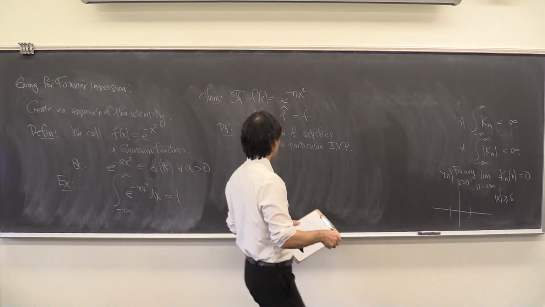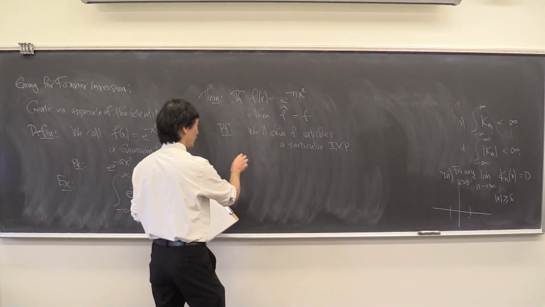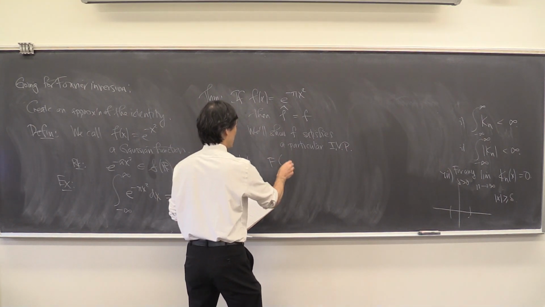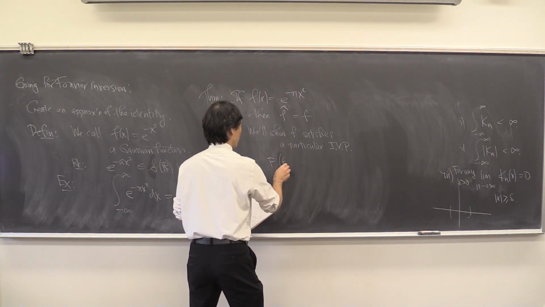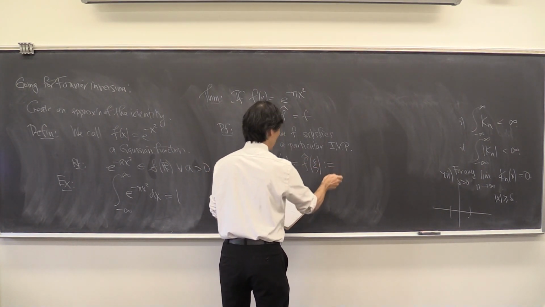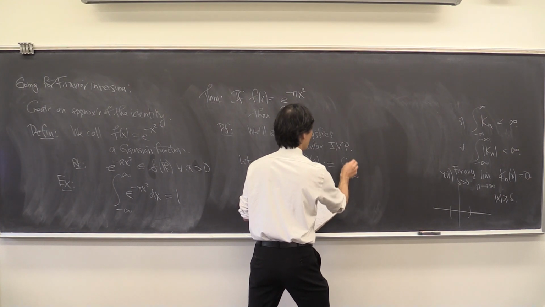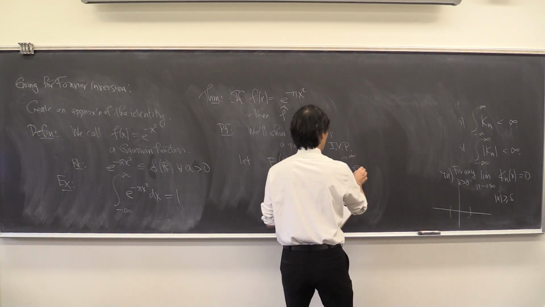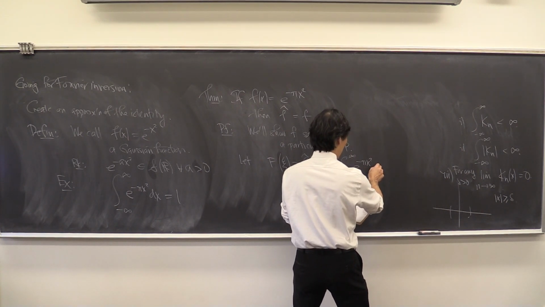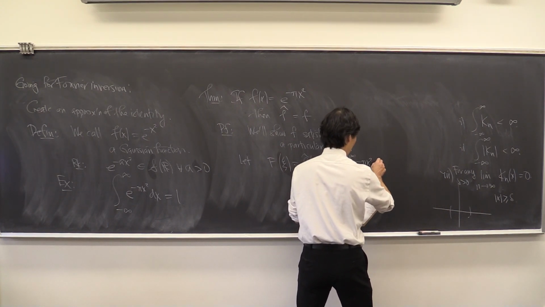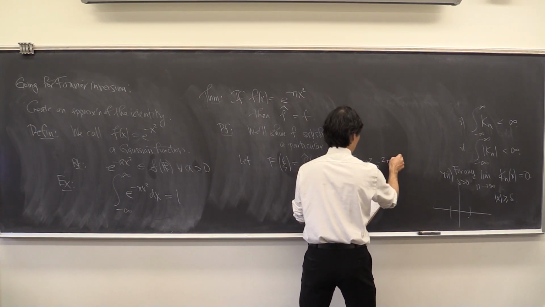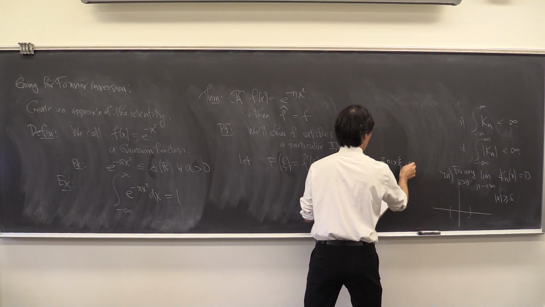So let f of c be f hat of c. That is to say, the integral from negative infinity to infinity of e to the negative pi x squared, e to the negative 2 pi i x c dx.